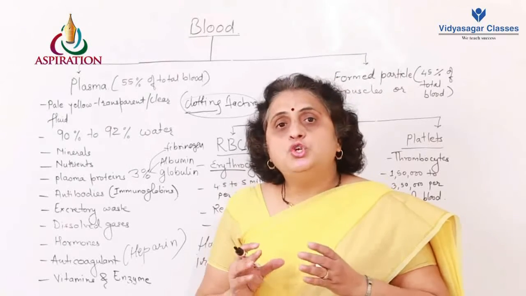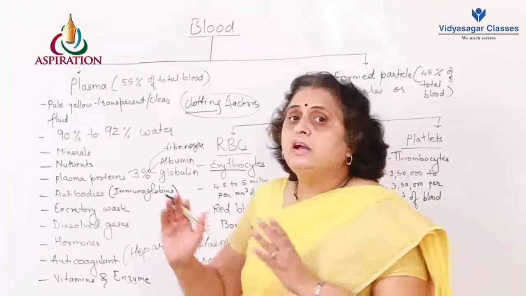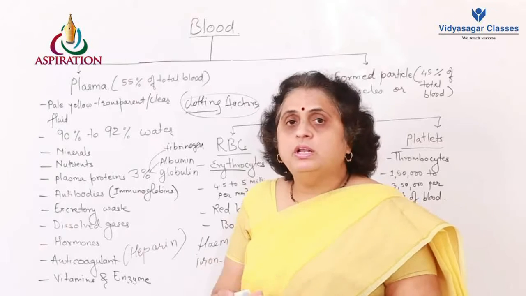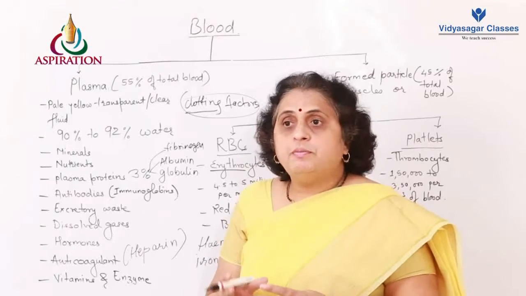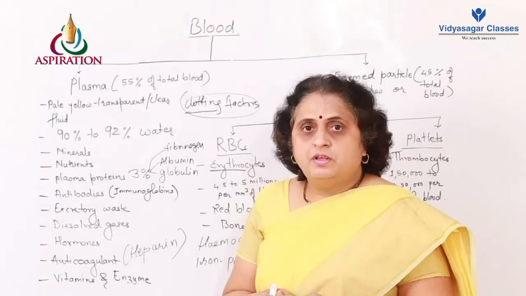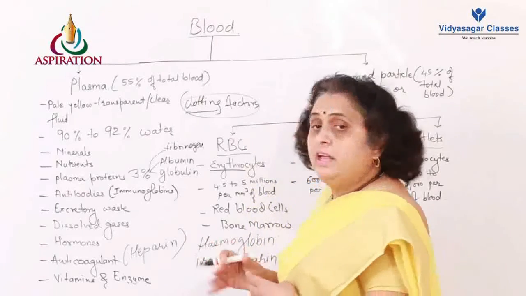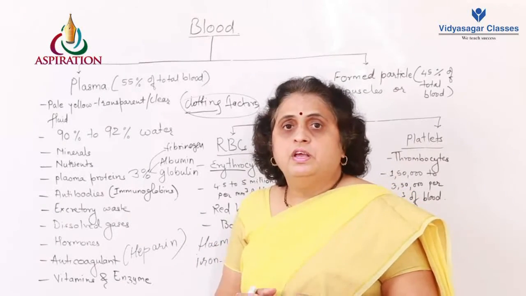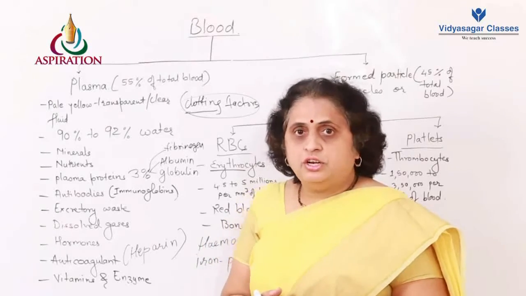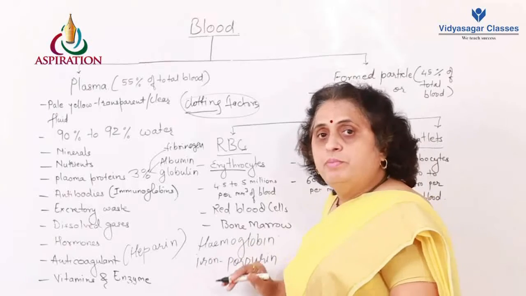Chemically, it is a conjugate protein made up of the heme molecule and the globin molecule. Hemoglobin is the heaviest molecule, with a molecular weight of around 58,000. It is a quaternary protein structure formed of a conjugate protein, heme and globin.